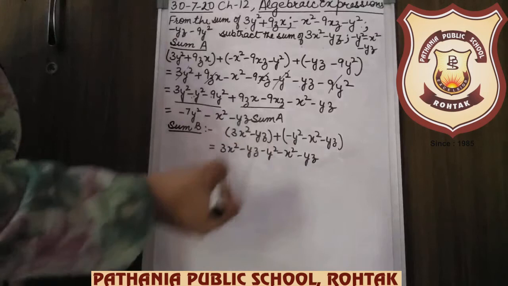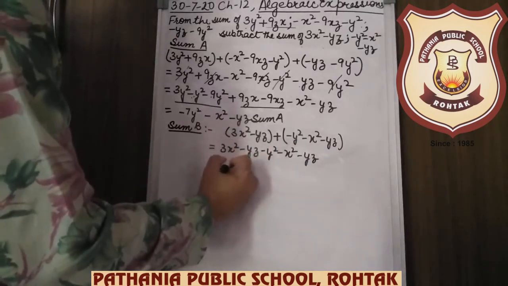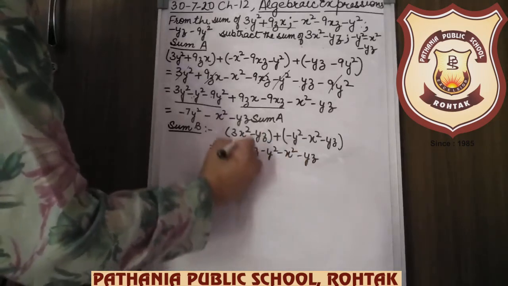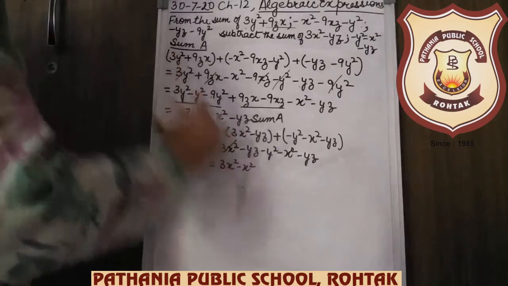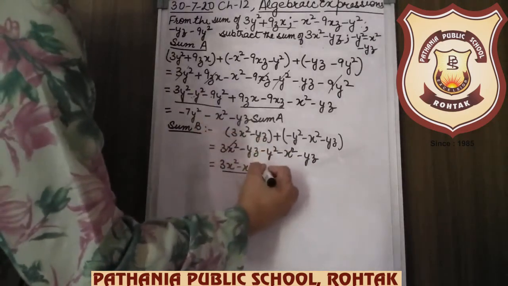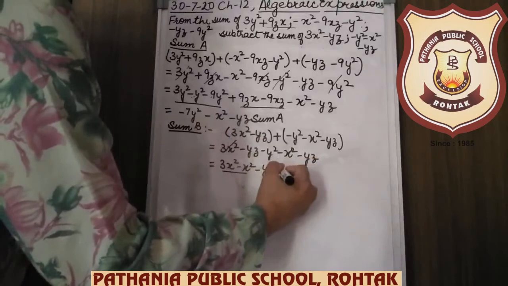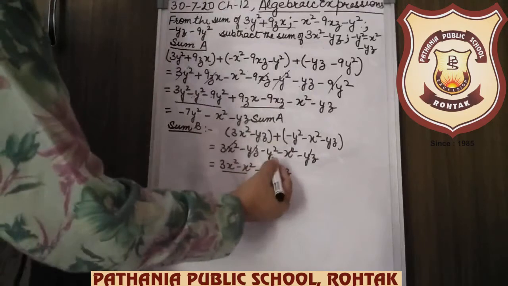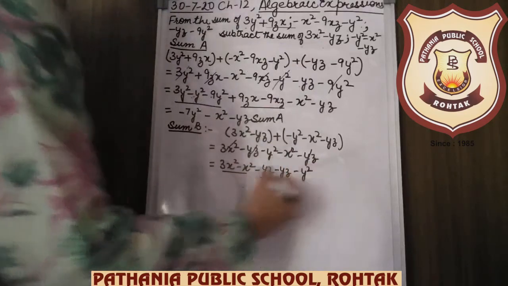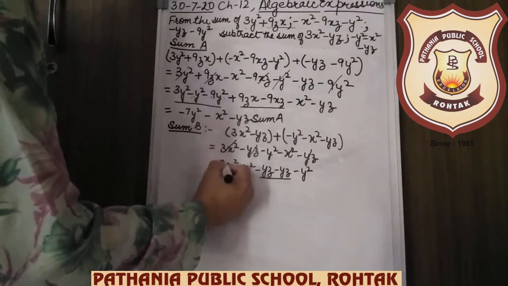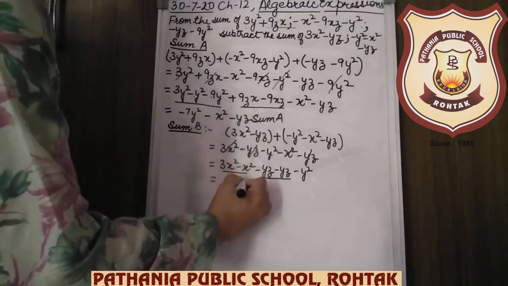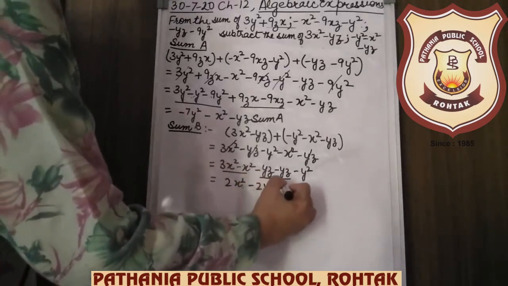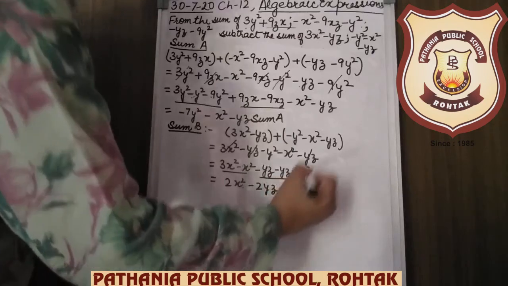Then next step is to collect the like terms. First term is 3x square with variable x square. There is one more term. Cross them. Now minus yz. This is also minus yz. So you have used these two also. Now what is left? Minus y square. Now what is my answer? 3 minus 1, 2x square, minus 1 minus 2yz and minus y square as it is.